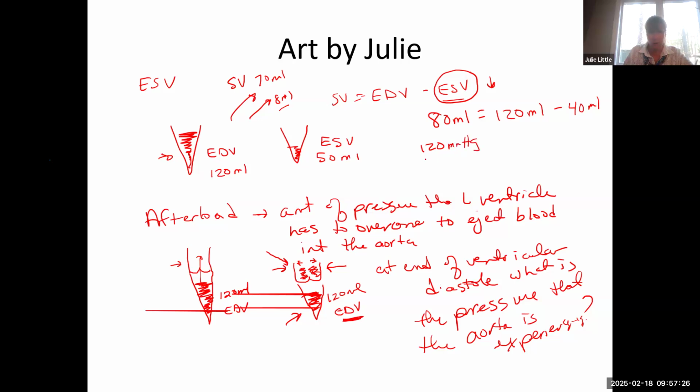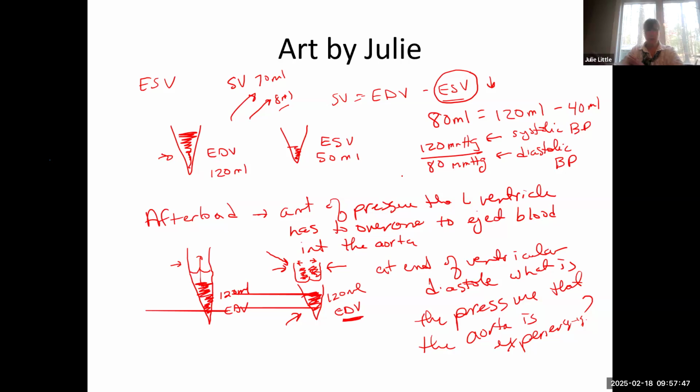That's the pressure. You went to the doctor and they measured 120 millimeters mercury over 80. This is your diastolic blood pressure. This is your systolic blood pressure.